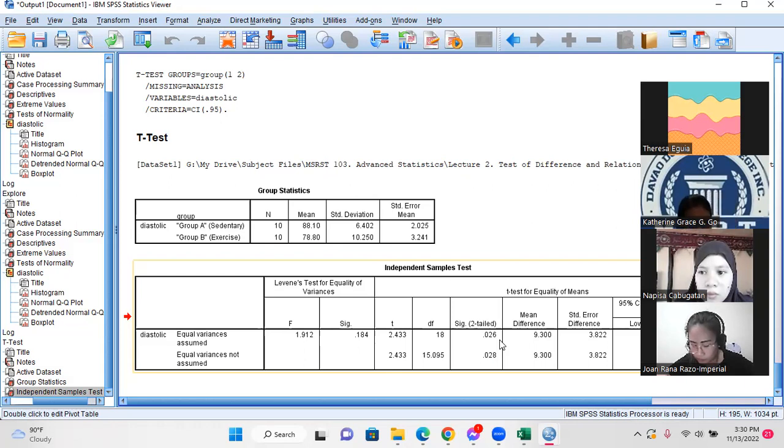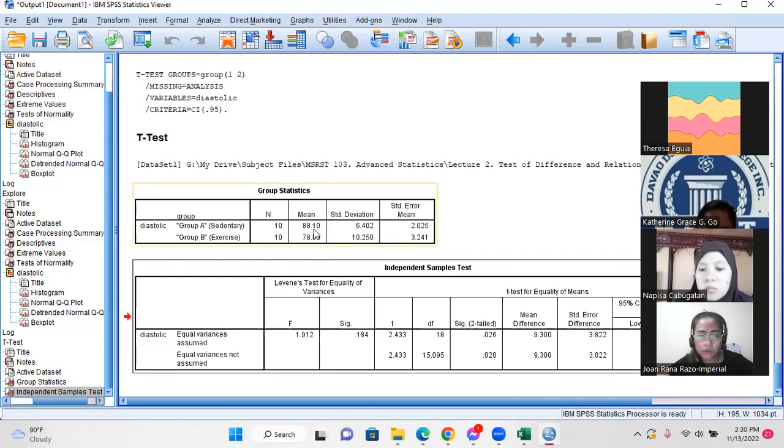So with those who exercise with mean value of 78.80 as compared to those who do not exercise with a mean value of 88.10. So exercise is recommended in decreasing blood pressure.